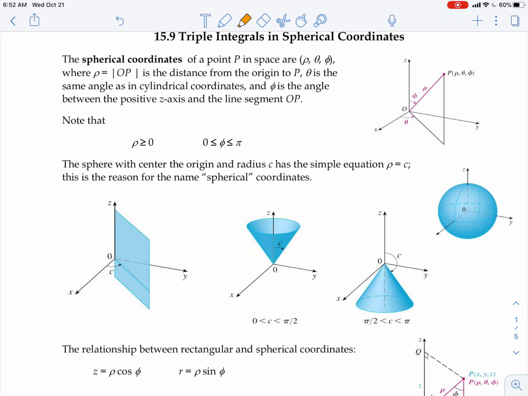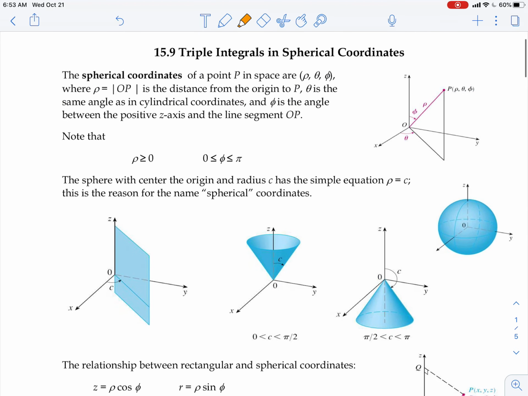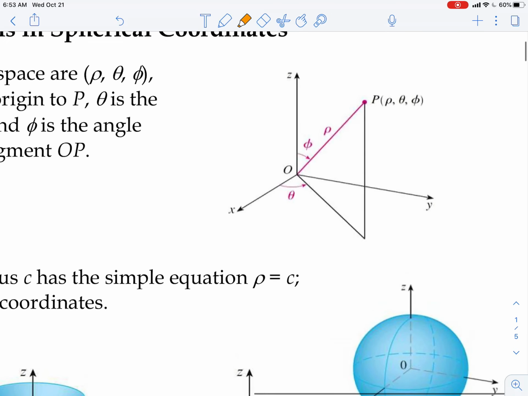Note that rho is always greater than or equal to 0, and phi is between 0 and pi. It's never going to be negative, and never greater than pi. I'll show you that right here.